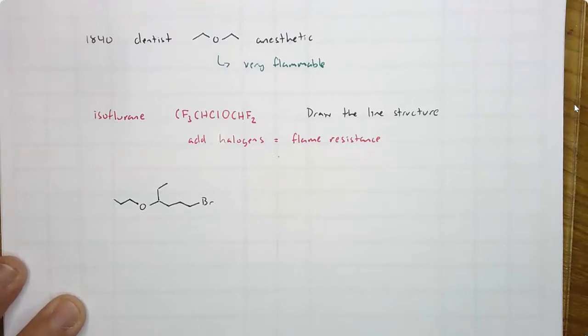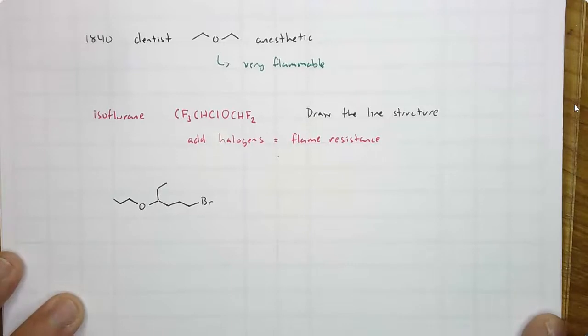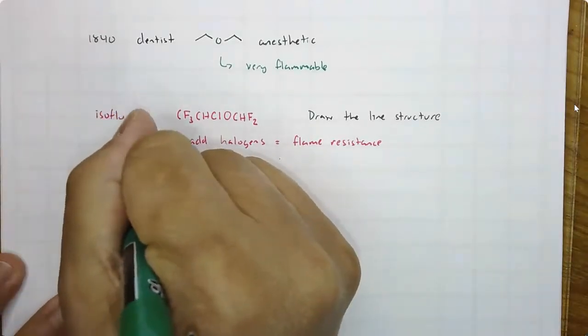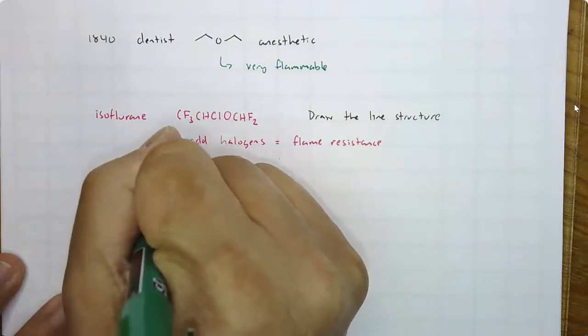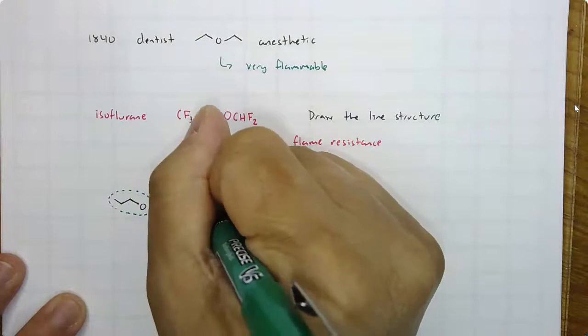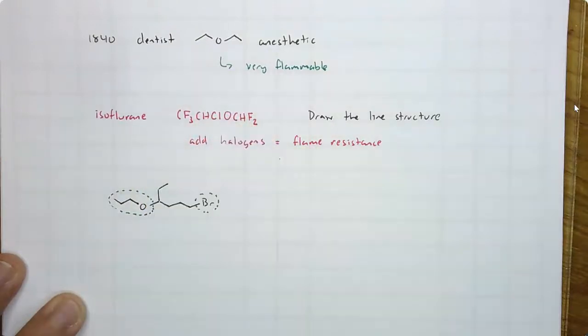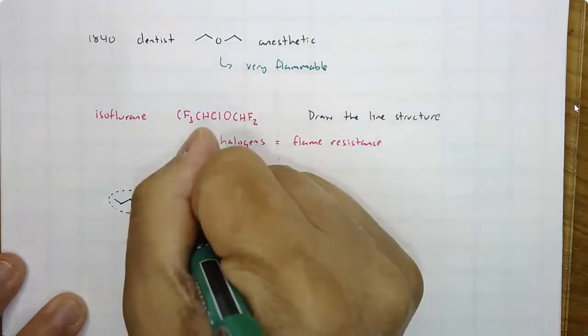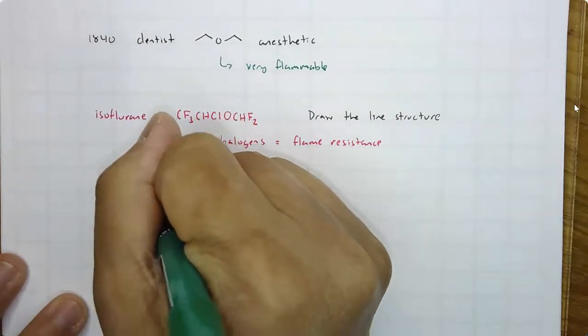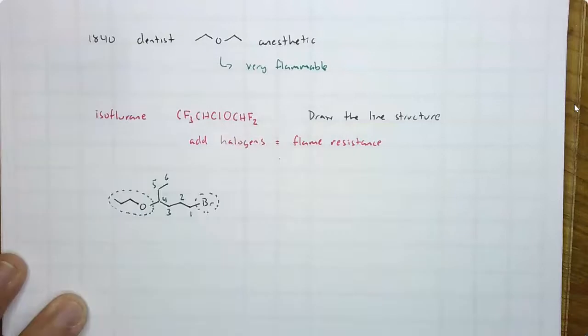Which side will be the substituent? It looks like the side on the left has fewer carbons, so we'll make this ethoxy group, or alkoxy group, a substituent. And we also have a bromine here. When you number your parent chain, start from the end closest to a substituent if it's an alkane. I think that is the correct numbering.